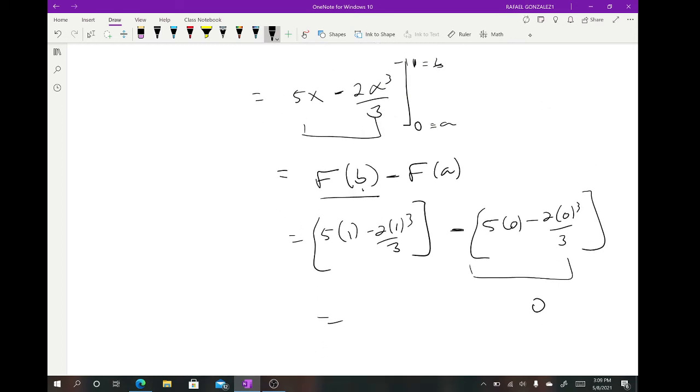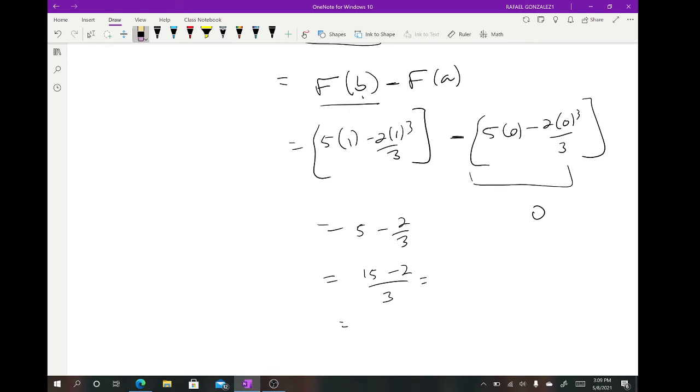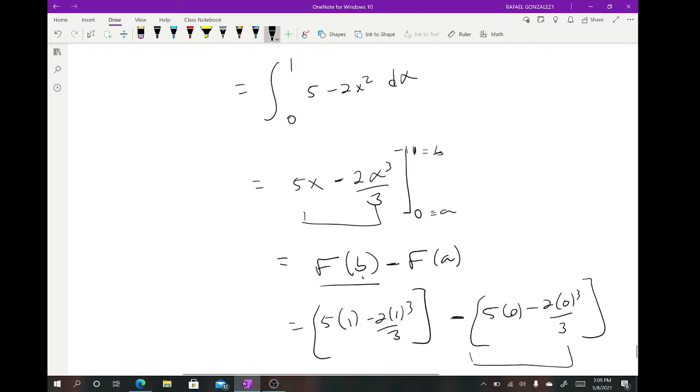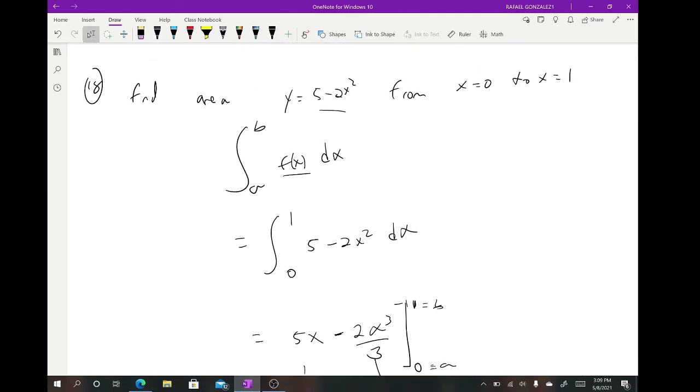So we just worry about the left side, which is 5 minus 2/3. 5 minus 2/3 is the same thing as 15 minus 2 over 3. 15 minus 2 is 13, so this is 13 over 3. It doesn't simplify more than that. But that is the area under the curve of 5 minus 2x squared from 0 to 1. So it just happens to be a definite integral.